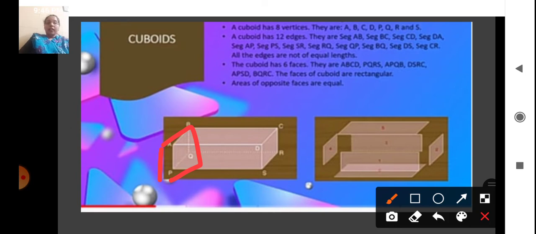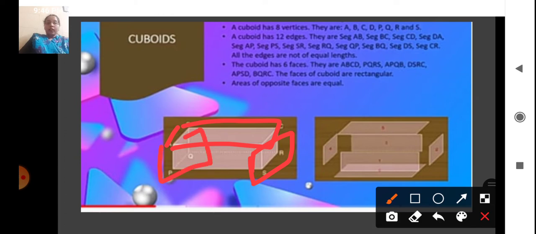Okay, children? The next one we will see D, S, R, C. Yes, here. D, S, R, C. So 3 faces till now I have shown you.